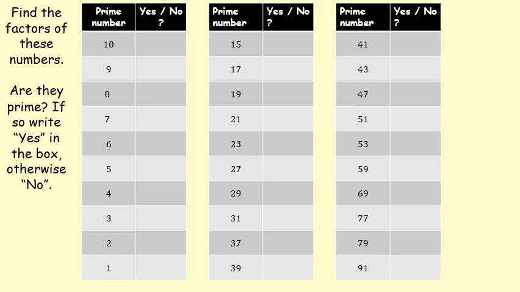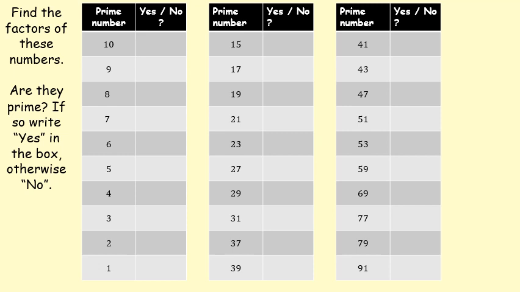So in this exercise, what I'd like you to do is think about prime numbers. We want to find factors of the numbers in the column. So although it says prime number, we're deciding whether this statement is true or not. So we start with 10 and we're going to list out all the factors of 10. So we would have 1, 2, 5 and 10.